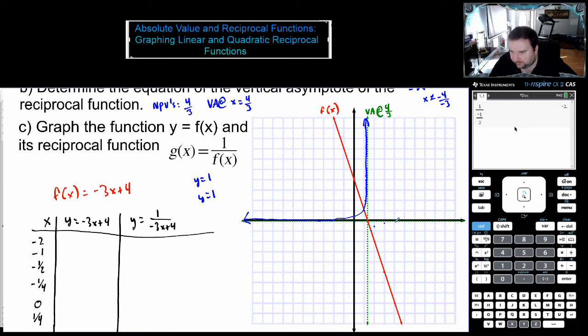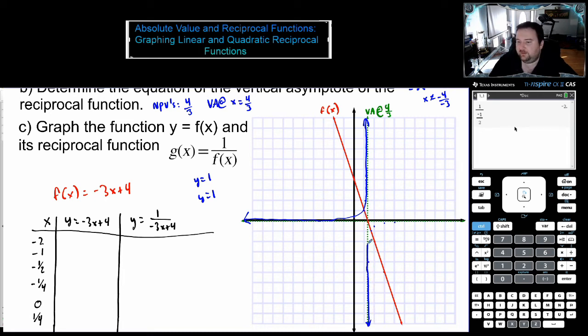Reciprocal of -8, -1/8. Okay, so we know it's approaching 0 as we move in this direction. What about this way? Well, this is -1/2 here, which would be -2. -1/4, -4. And so we're approaching infinity on this side.